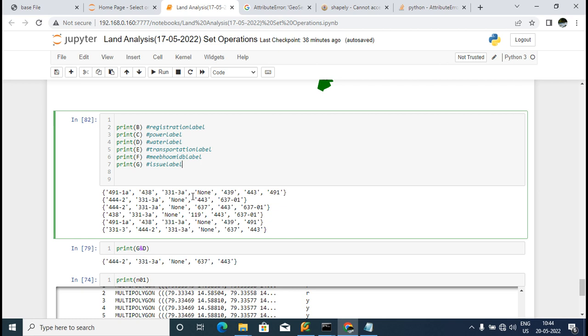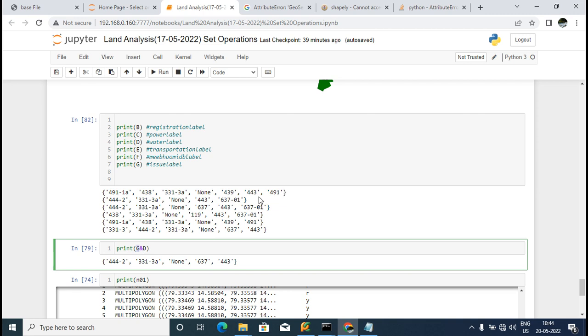I'm comparing G and D. I'm giving set operations from the mathematical standard side: union, intersection. These are the operations we are going to use for G and D. Issues as usual, and water cover: the issue is available, and water cover is also available in both combinations.